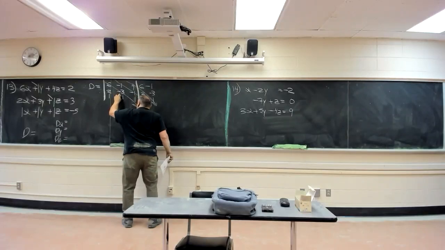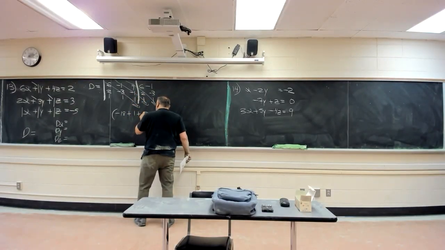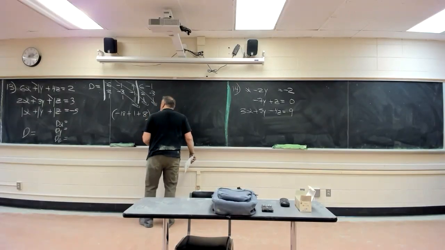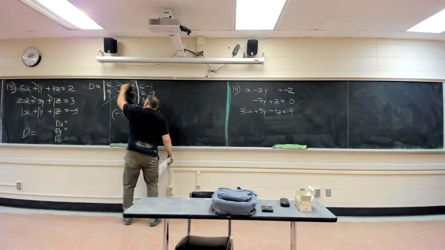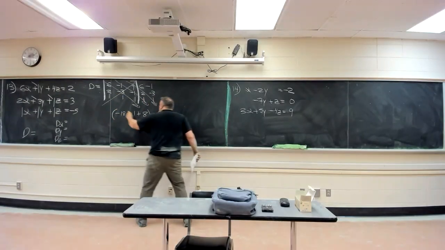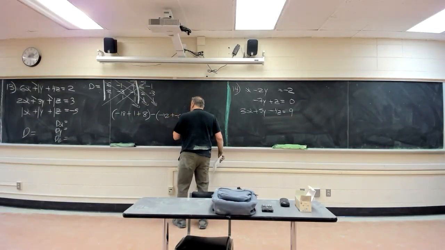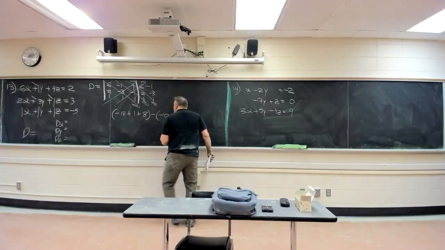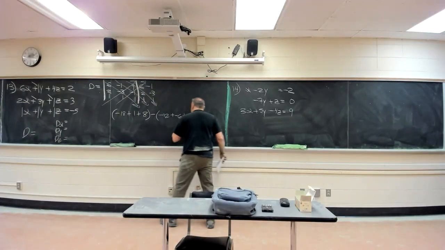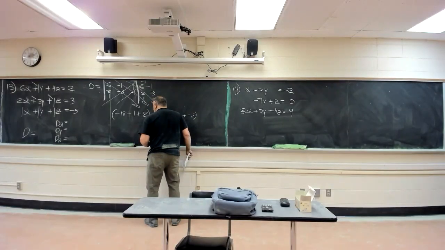6 times -3 times 1 is -18. -1 times -1 times 1 is 1. 4 times 2 times 1 is 8. 1 times -3 times 4 is -12. 1 times -1 times 6 is -6. And 1 times 2 times -1 is -2. All right, let's see what we got here.